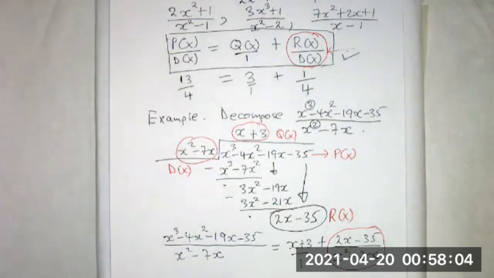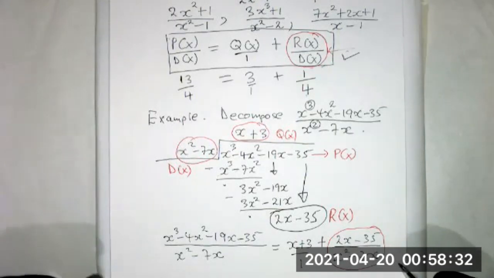To split that one, perhaps we need to factorize first. Can we do the factorization? Possibly not. The numerator cannot be factorized because there is no common factor. Is there a common factor? No. Of course, this one we can factorize.